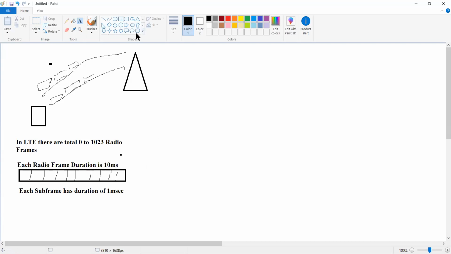Suppose this is one subframe, which I'm taking here. It has 2 time slots. This is one subframe of 1 millisecond duration.